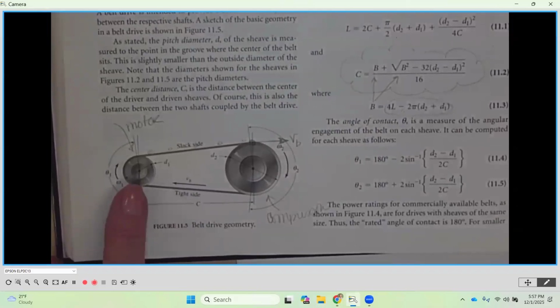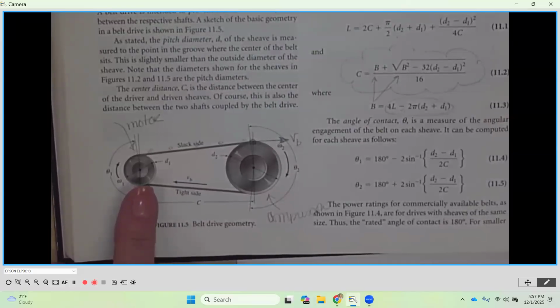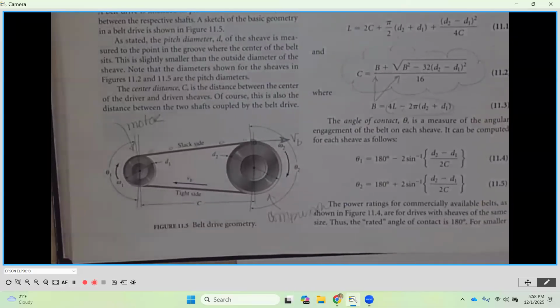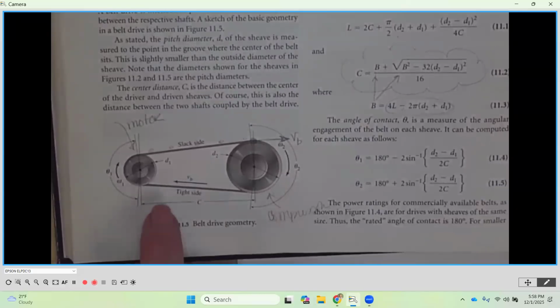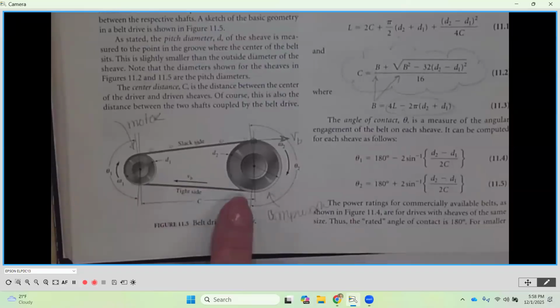This sheave is most often on your input, because we want to take that input motor speed, for instance, or combustion engine, gasoline engine speed, off of that input angular velocity. And we are then going to slow it down and increase the torque by putting it in combination with a larger sheave. So the faster sheave is going to be the one on the input, and it's most often going to be the smaller of the two.